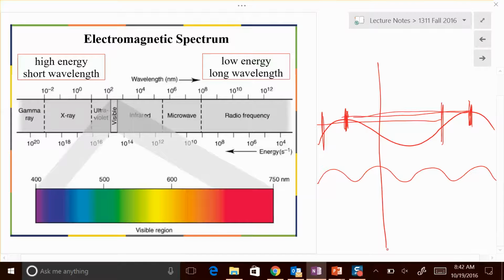There's no wavelength unit there, so it's per second, which is your hertz. This has a larger frequency than this. So I have more penetrating wavelengths here than I do here, which means more energy is penetrating here. Higher energy, lower energy, just like we see here. The bigger the wavelength, the lower the energy.